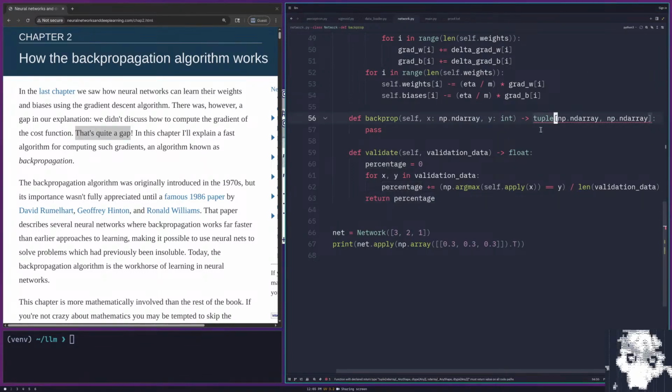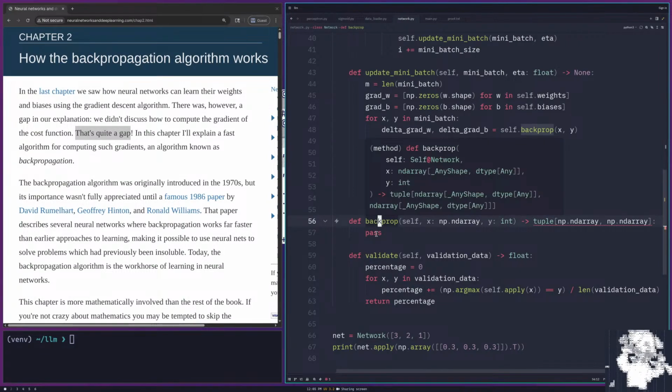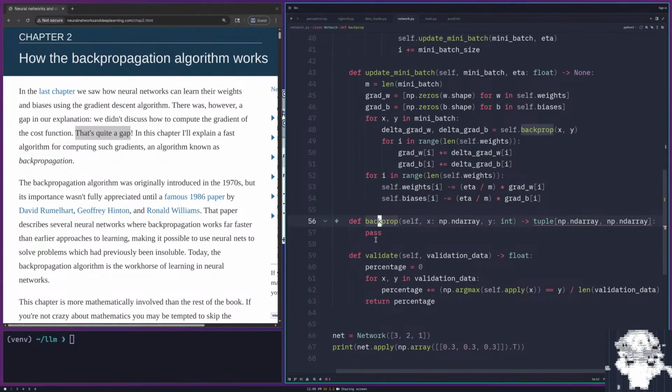Also, this is not related, but I just realized my backprop signature is wrong. No. Wait. Yes. This should be a tuple.